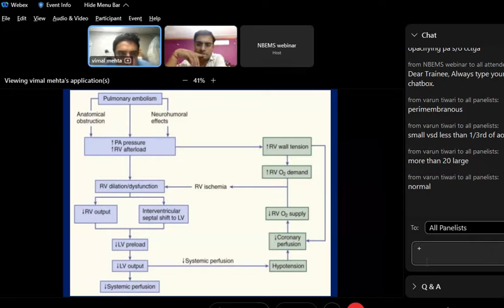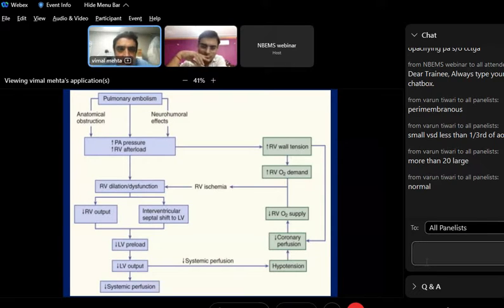If it is appreciated on echocardiogram, but BP is normal, as I said, it is a submassive pulmonary embolism. RV cardiac output will be decreased, and there is a shift of the interventricular septum to the left side, as well as less output, so LV preload is decreased because RV output is decreased, and ultimately there will be systemic hypoperfusion.